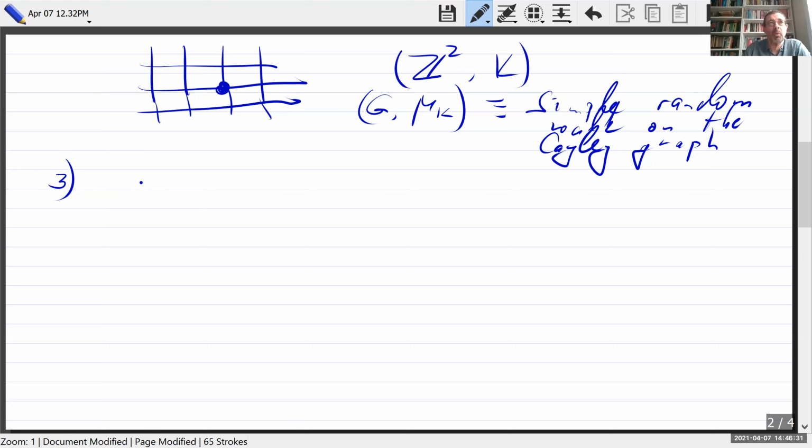Okay, and now the third example, which will be, in a sense, opposite to the previous one, will be when our group is as non-commutative as possible. So let's take our group G to be the free group with two generators. Okay, and then, since this group has two generators, locally its Cayley graph looks precisely the same. Any point has four neighbors.